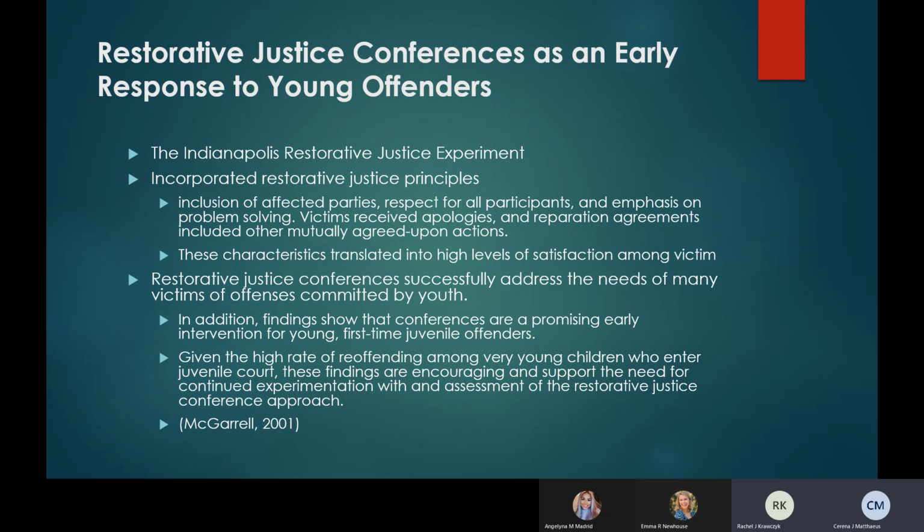Restorative justice conferences successfully address the needs of many victims of offenses committed by youth. In addition, findings show that conferences are a promising early intervention for youth first-time offenders. And given the high rate of reoffending among very young children who enter juvenile court, these findings are encouraging and support the need for continued experimentation with and assessment of the restorative justice conference approach.